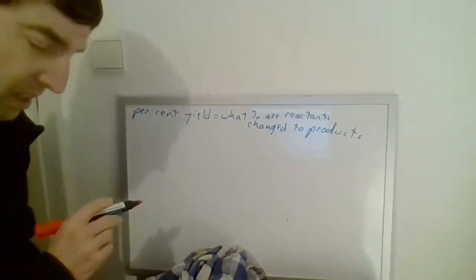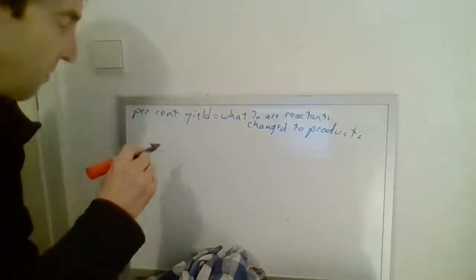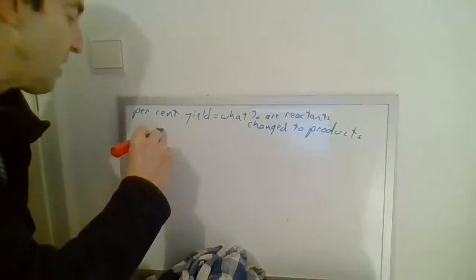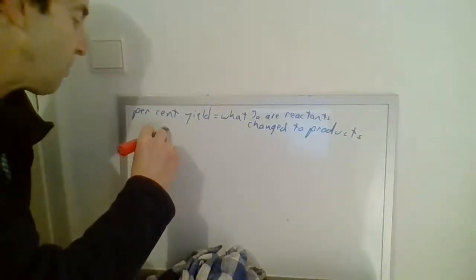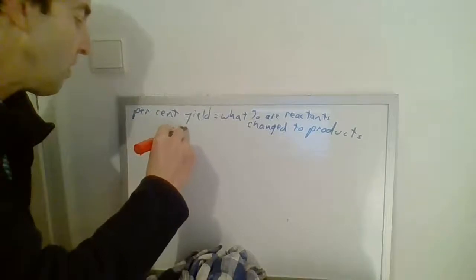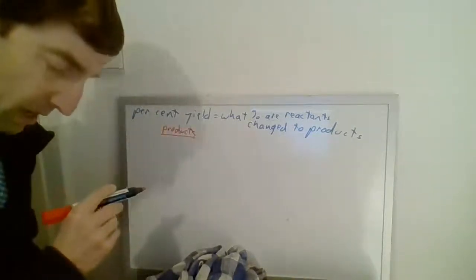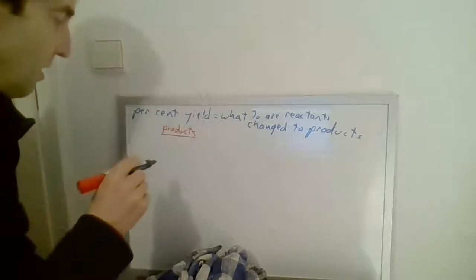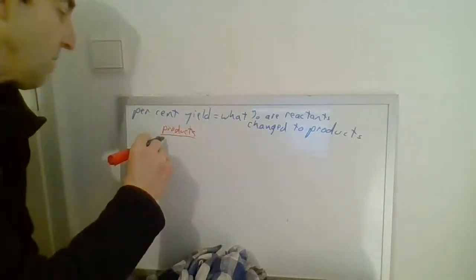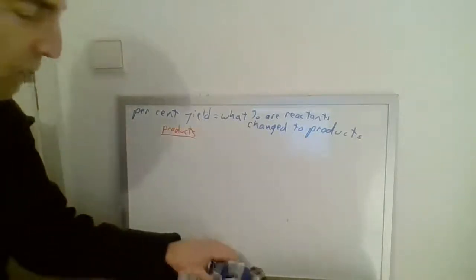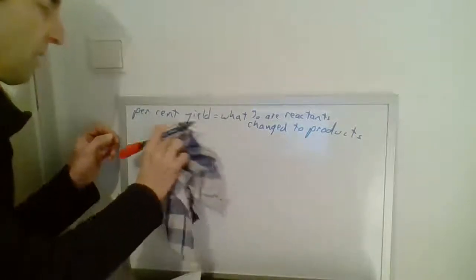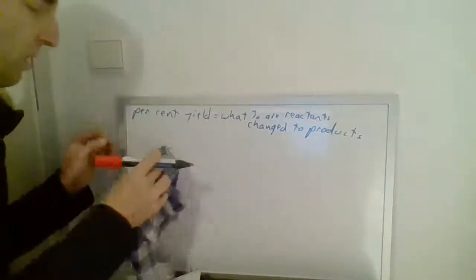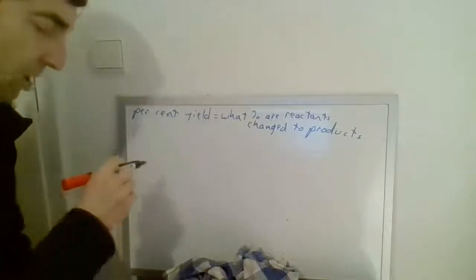So essentially, in the past you've learned that it's the products formed divided by the... I don't even want to write that. Okay. I want to write what it is here, because then I know what I'm talking about.